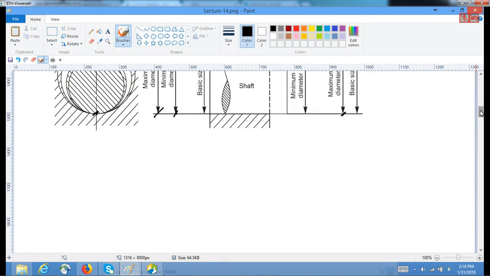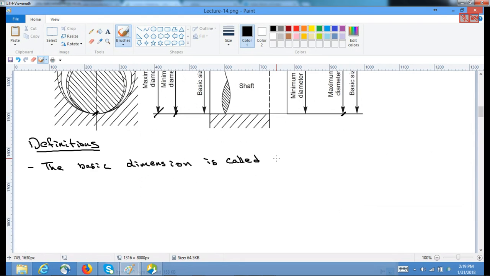So the first definition: the basic dimension is also called the normal or basic size.